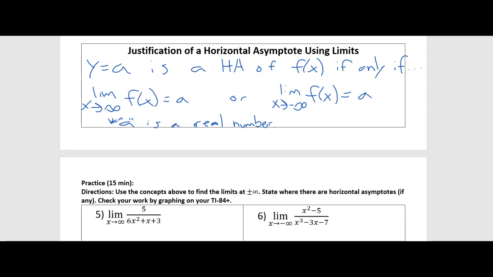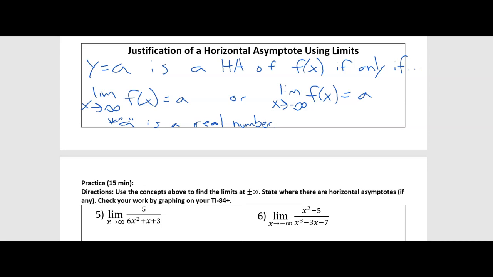Y equals a is a horizontal asymptote of f of x if and only if the limit as x approaches infinity of f of x equals a, or the limit as x approaches negative infinity of f of x is equal to a. And note that a must be a real number. One thing that may concern you is that it says "or." So why don't both of the limits at infinity have to equal a for it to be a horizontal asymptote? Well, we can actually have two horizontal asymptotes of a function.